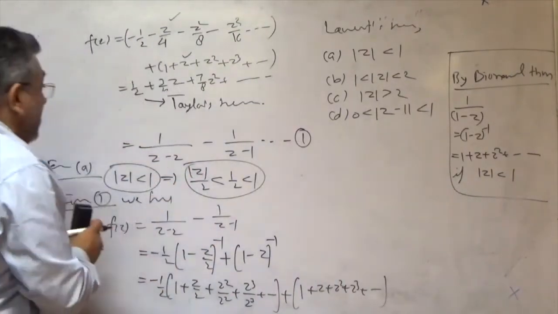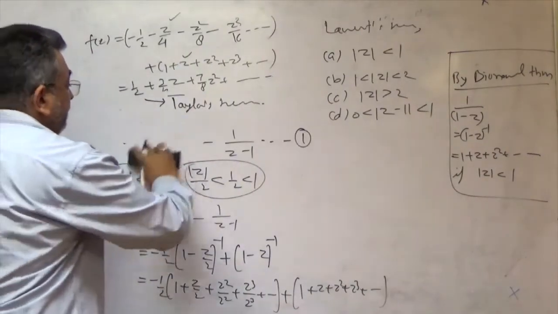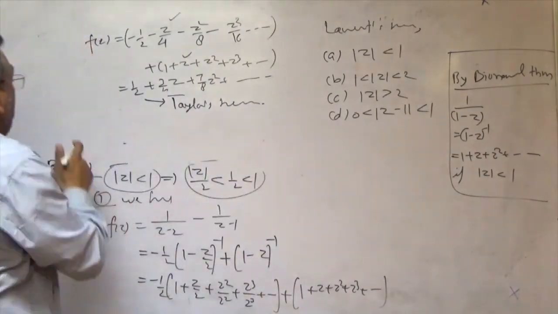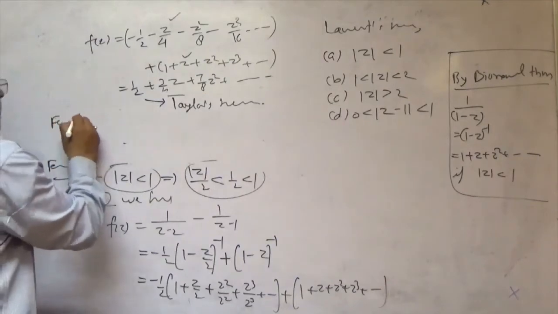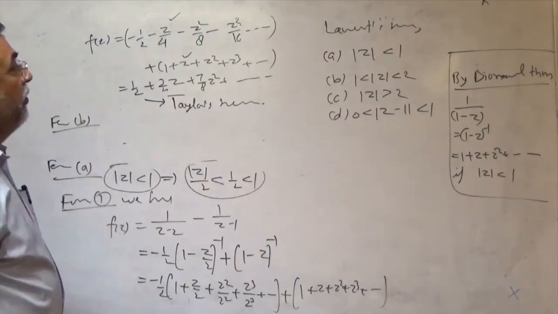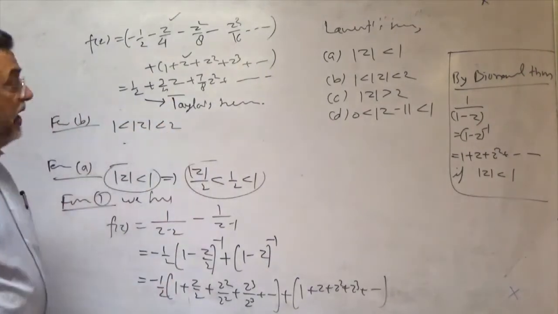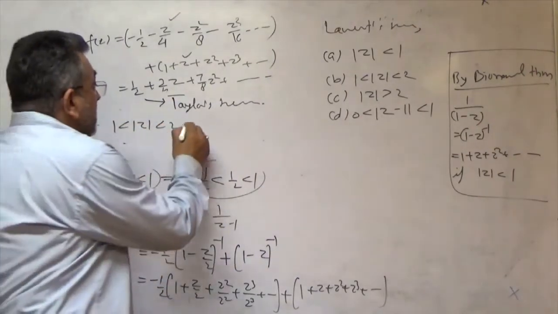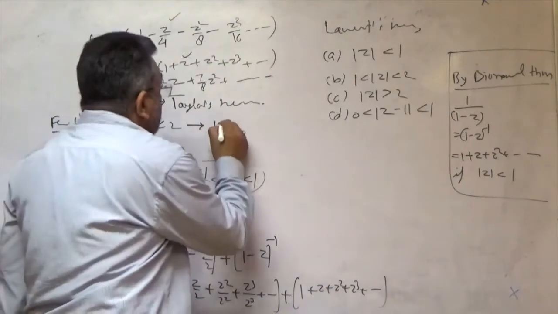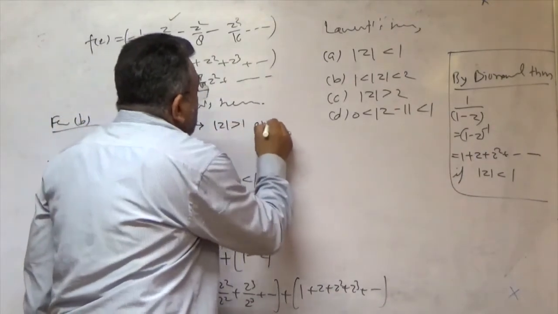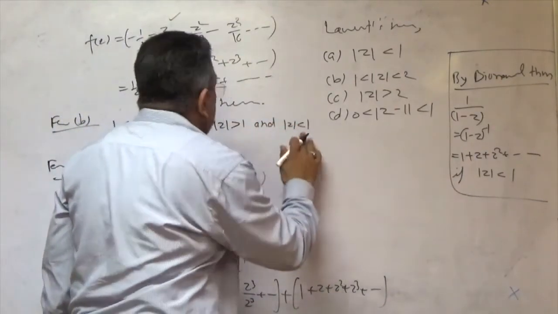Similarly, if we take second region for B, what is B? 1 is less than mod z is less than 2. If you break this inequality, this means mod z is greater than 1 and mod z is less than 2.